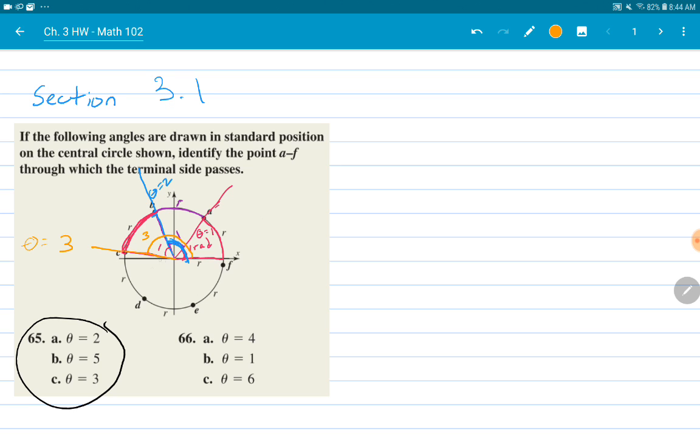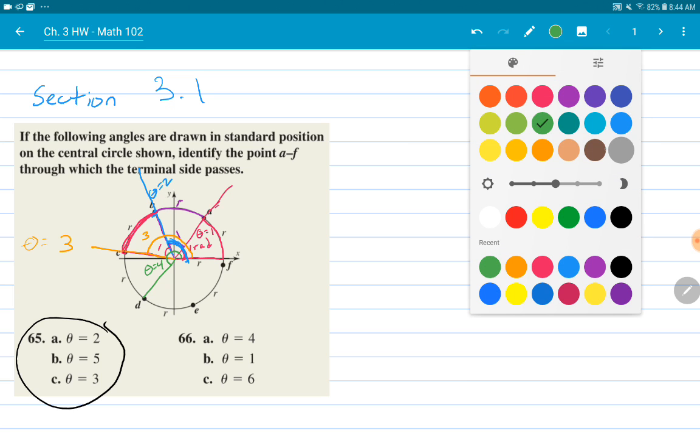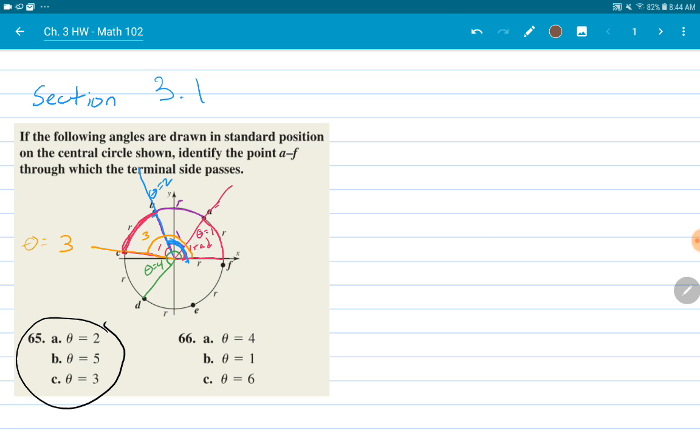And continuing all around, I have the same idea for D. So at D, this theta is equal to 4, and along that same line of reasoning, I'm running out of colors here, the angle that ends at E, which is all the way around here, that brown angle will be 5 radians.